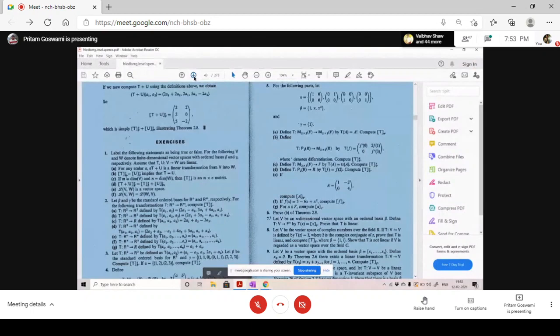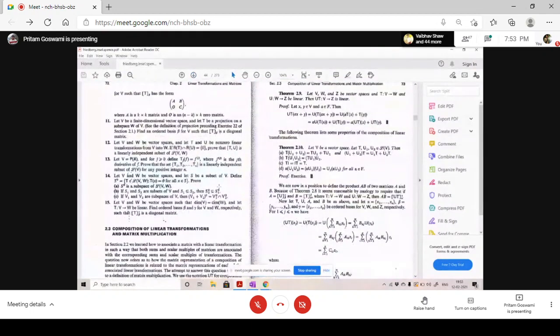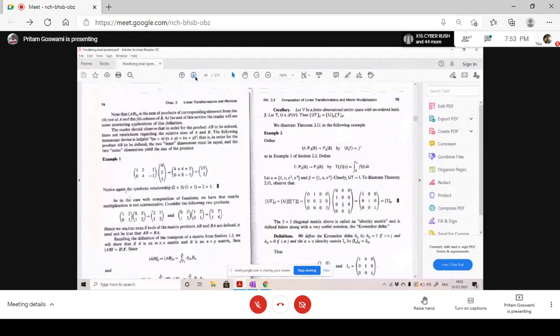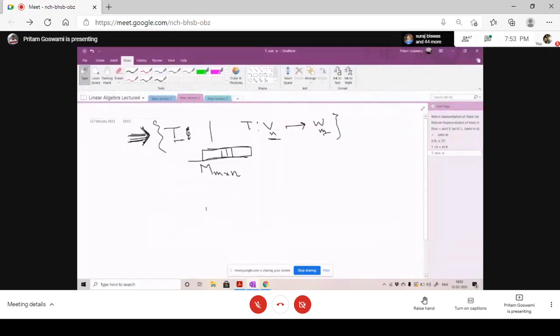And the rank of a matrix is nothing but the rank of the linear transformation. They are the same. And the nullity of a matrix is also defined the same way. The nullity of a matrix is nothing but the nullity of the linear transformation.